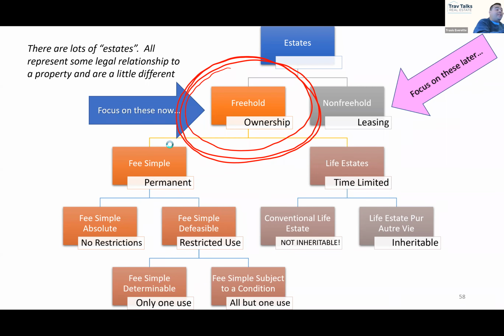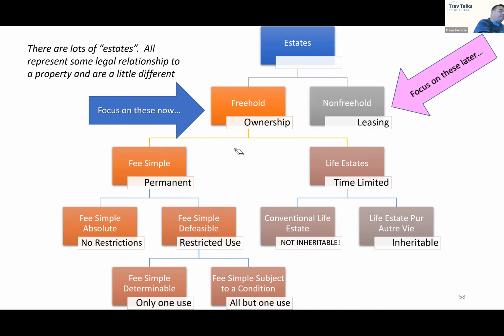So here's the way I think of it, just keeping the chart up here for a second. Let's do this and see if this helps. If we're looking at this chart, then everything that's freehold is going to transfer the full bundle of rights.